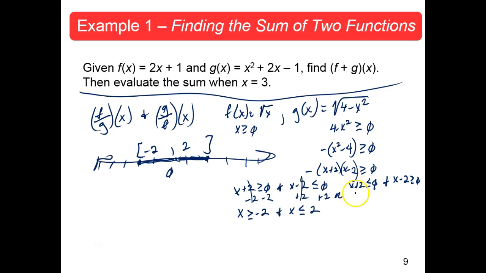First inequality, subtract 2 from both sides, and that gives us x is less than or equal to negative 2, and at the same time, add 2 to both sides, and that gives us x greater than or equal to positive 2.